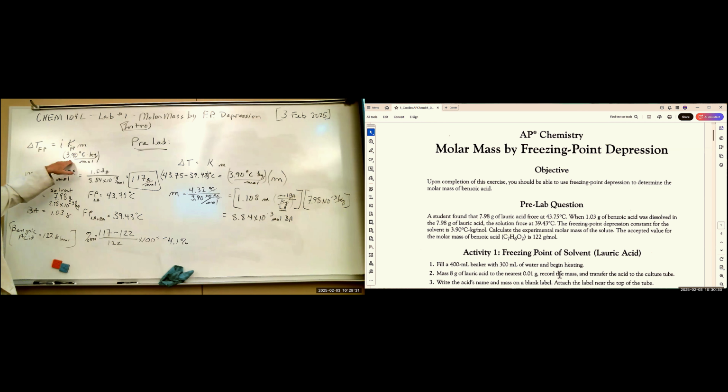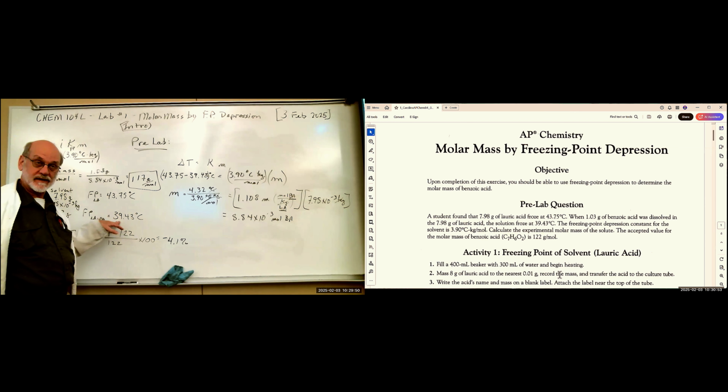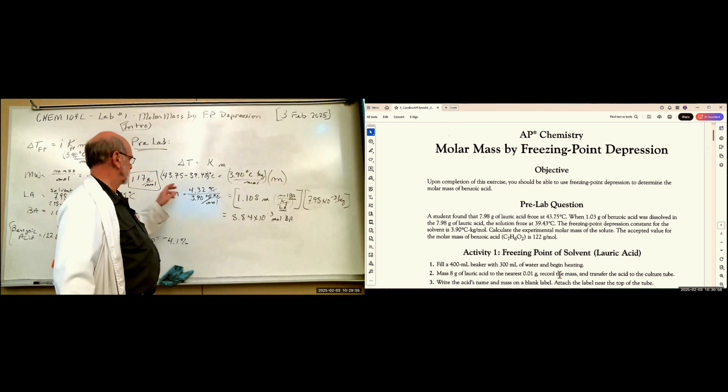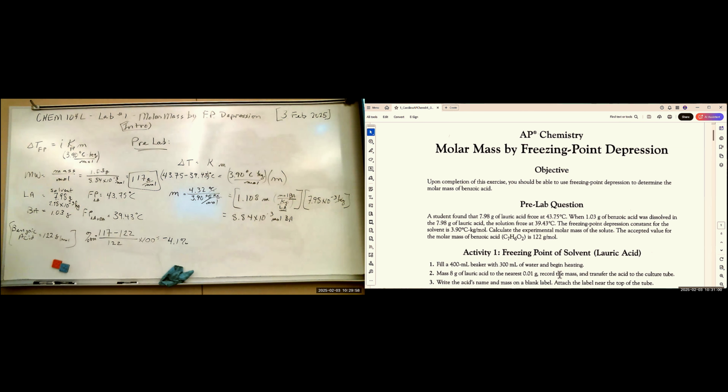You'll have this value here, it's the same for K. Then you'll determine the freezing point of the pure solvent, lauric acid, and then you'll add about a gram of benzoic acid and determine the freezing point again. Then plug them into the formula, find the molality, finish the calculation, and you come up with the molar mass.